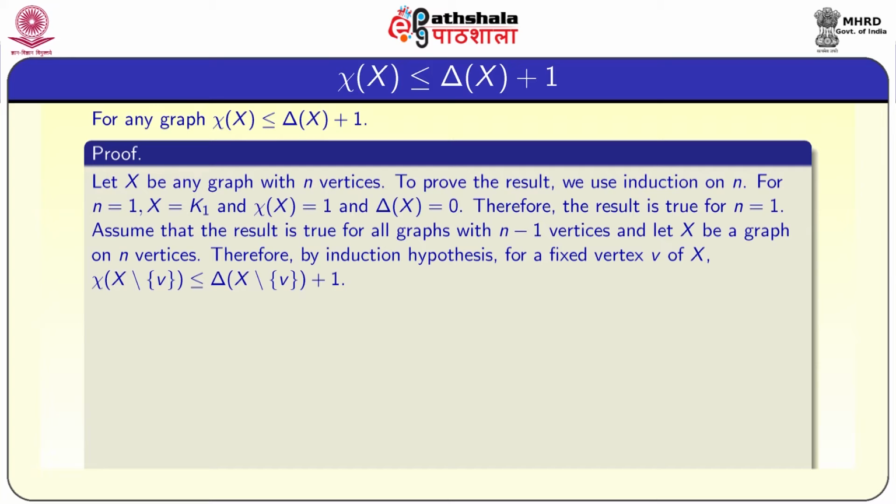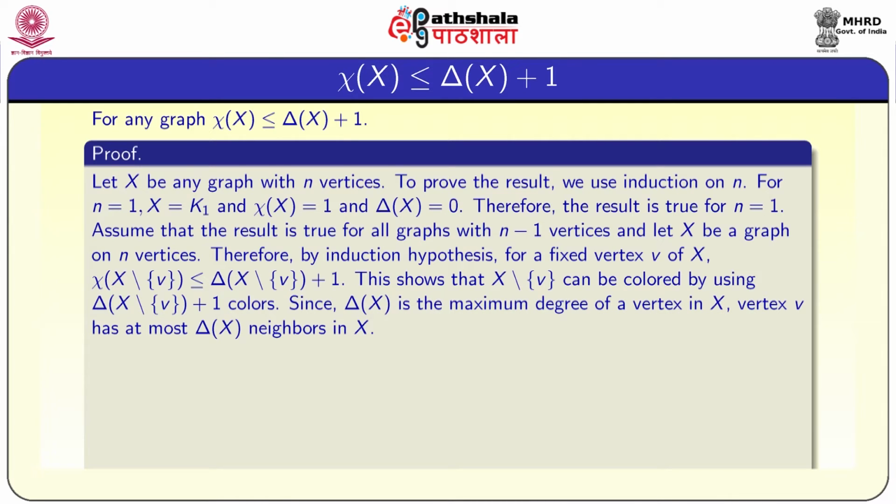By the induction hypothesis, for a fixed vertex v of X, the chromatic number of X minus v, that is deleting the vertex v, is less than or equal to delta of X minus v plus 1. Thus, X minus v can be colored using delta of X minus v plus 1 colors.